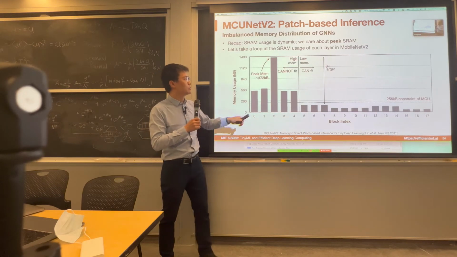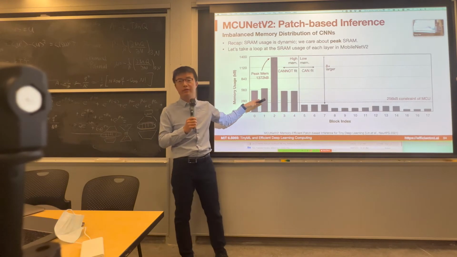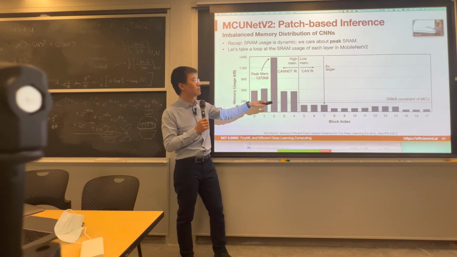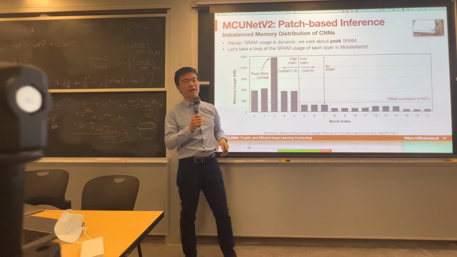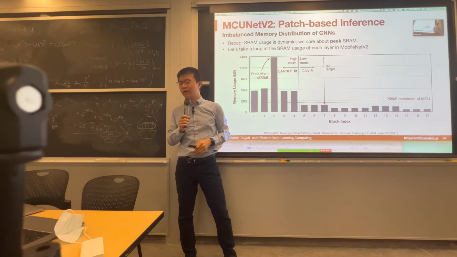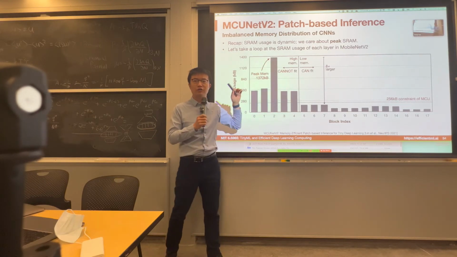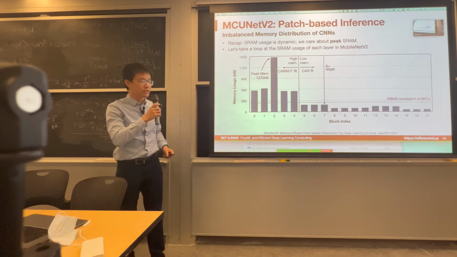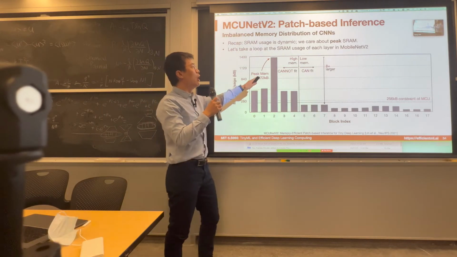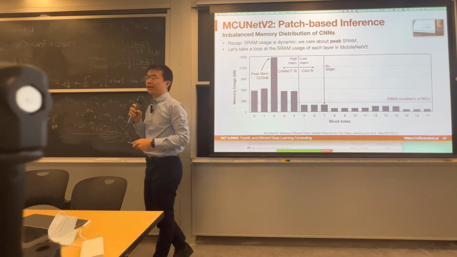So these kinds of stages cannot fit this 256 kilobyte memory constraint on a microcontroller, right? Only these models can fit, and they differ by as much as 8 times. Then how do we find ways to conquer such a problem for these dominating activations? So let's continue our discussion about how we conquer such memory bottleneck for several dominating layers.